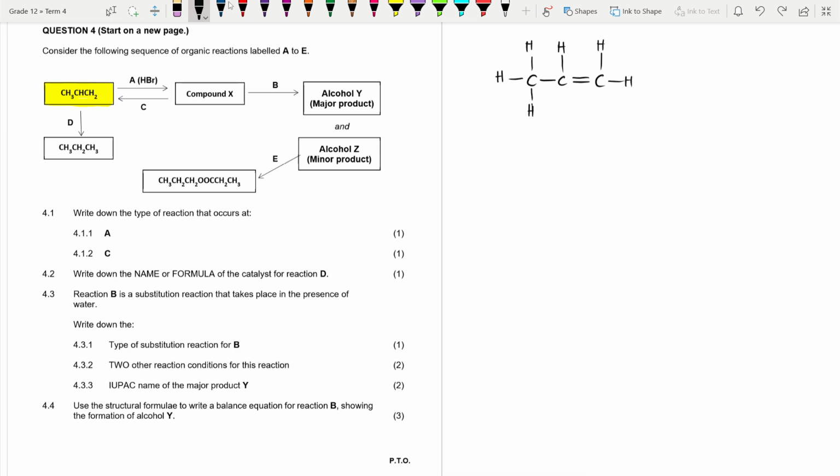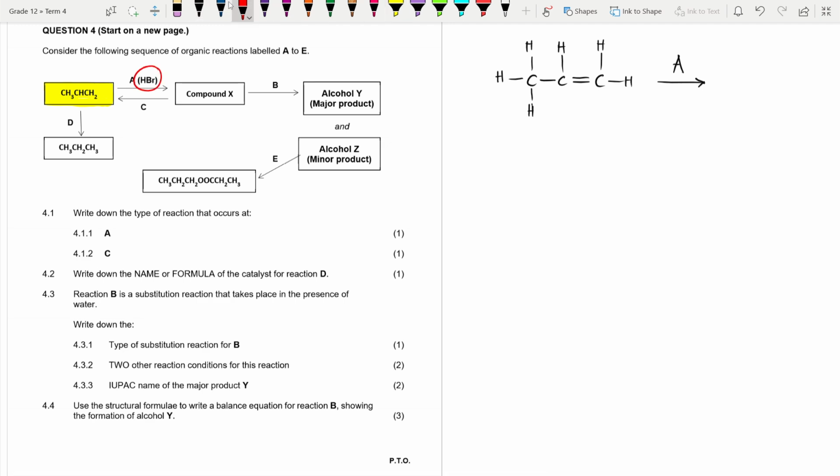They tell me that towards reaction A, I'm reacting this with HBr. So if I'm going in this direction, I think I'm going to run out of space. But this means that when I go to compound X, I'm basically adding HBr.